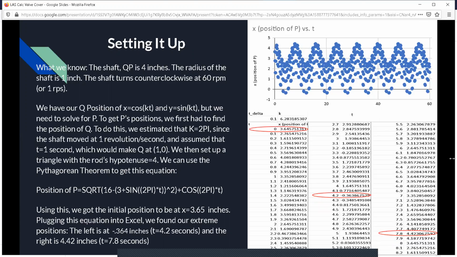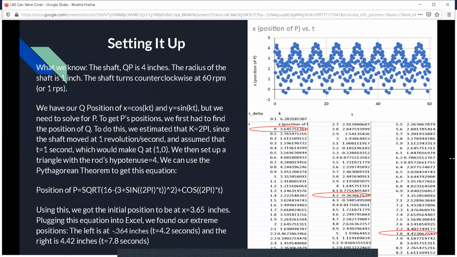To get P's positions, we first had to find the position of Q. To do this, we estimated that K was equal to 2 pi since the shaft moved at 1 revolution per second, and assumed that T equaled 1 second, which would make Q at (1, 0). We then set up a triangle with the rod's hypotenuse of 4 and used the Pythagorean theorem to get this equation.